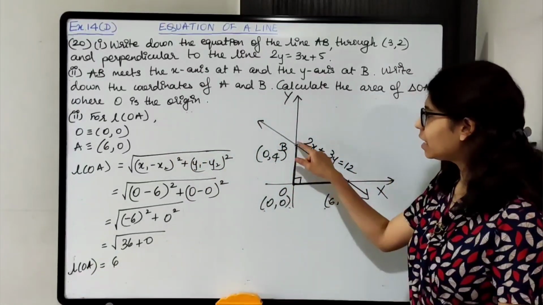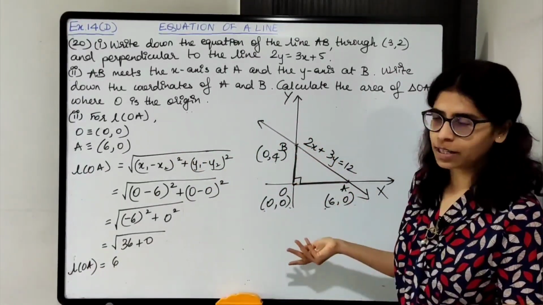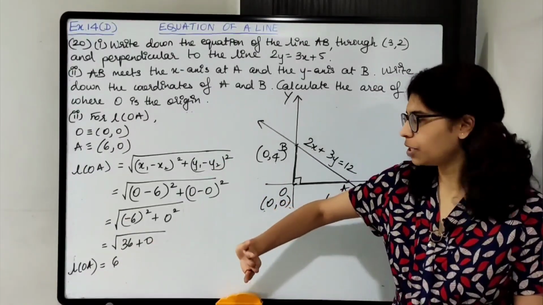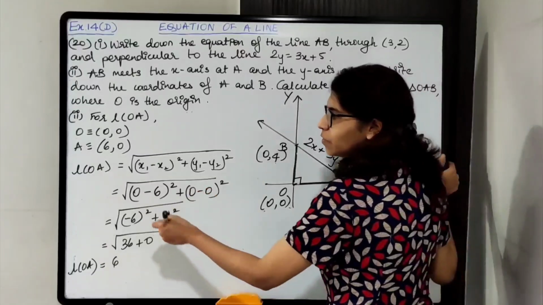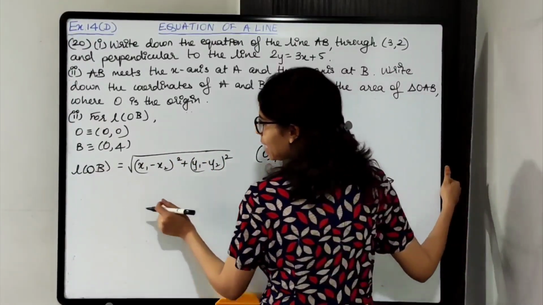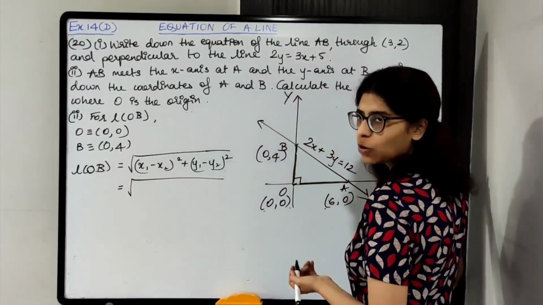Alright, same way we'll get length of OB as 4 because यहाँ से distance कितना है 4 है, but still it's better that you use distance formula and show the working. Okay, so same way we'll find length of OB now. So for OB, write down the coordinates and write down the formula. We'll subtract the x coordinates first.